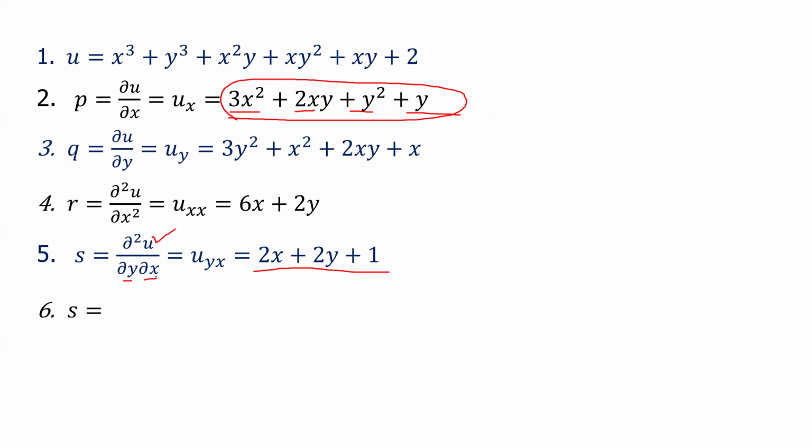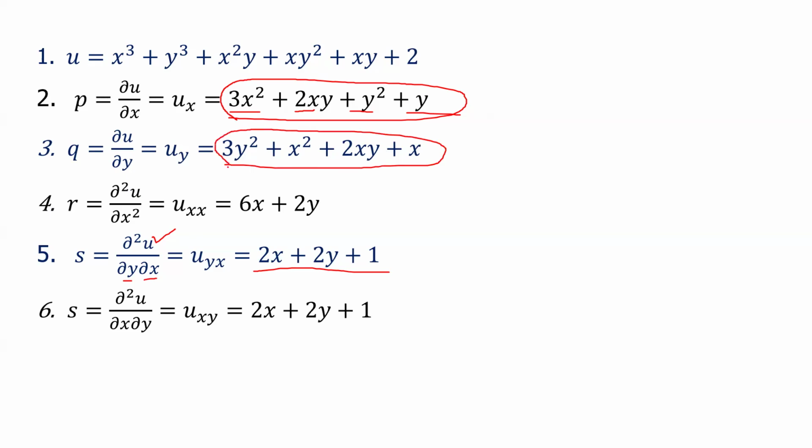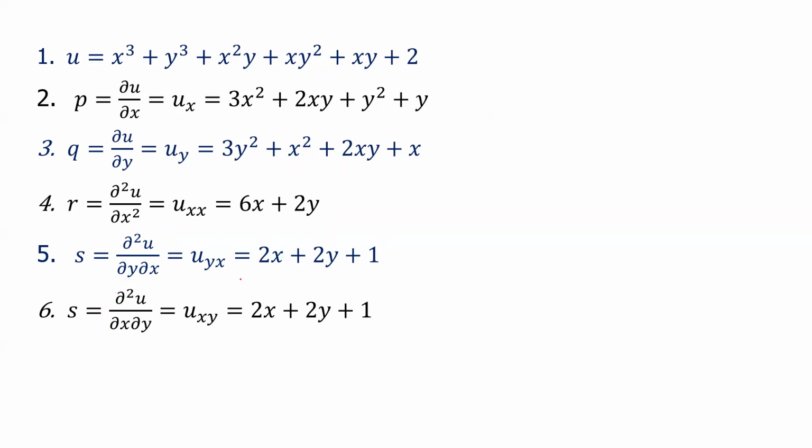Similarly, we do the same thing, but we first find del u del y, and differentiate this with respect to x. So this is 0, the derivative of x square is 2x, the derivative of 2xy is 2y, and the derivative of x is 1. Now just look here: del 2u del y del x and del 2u del x del y both have the same value.